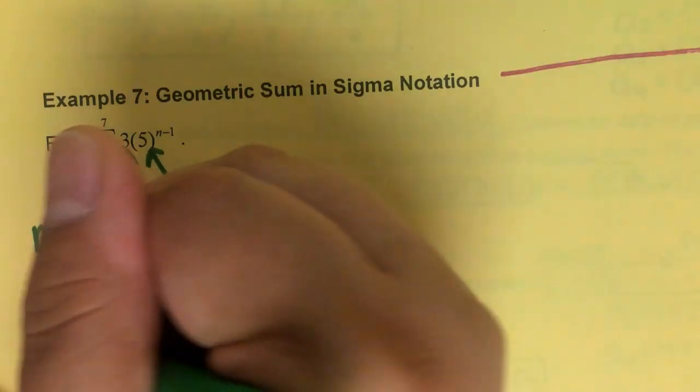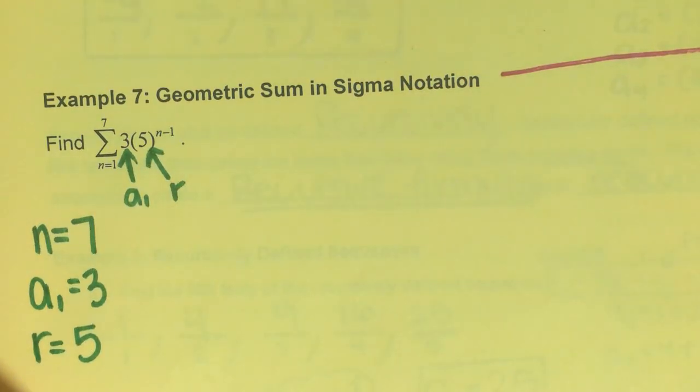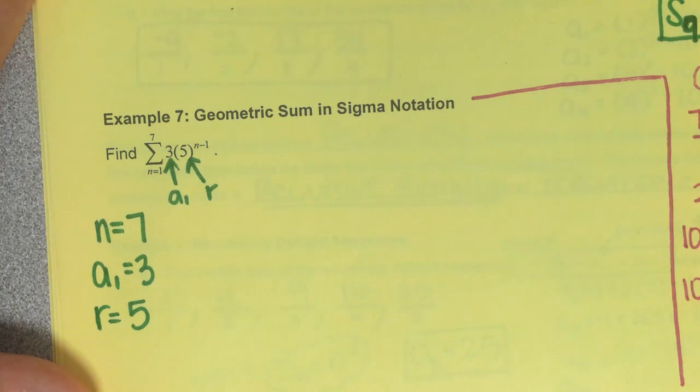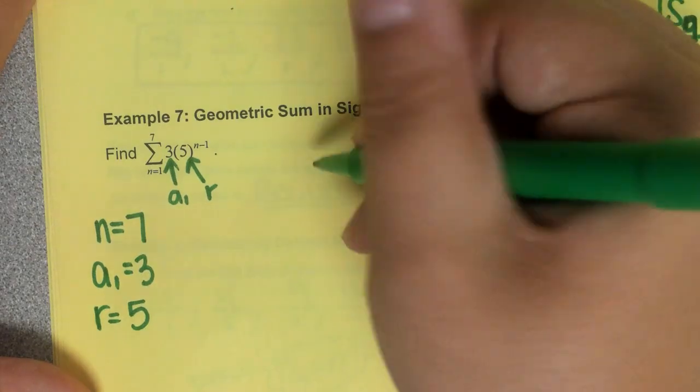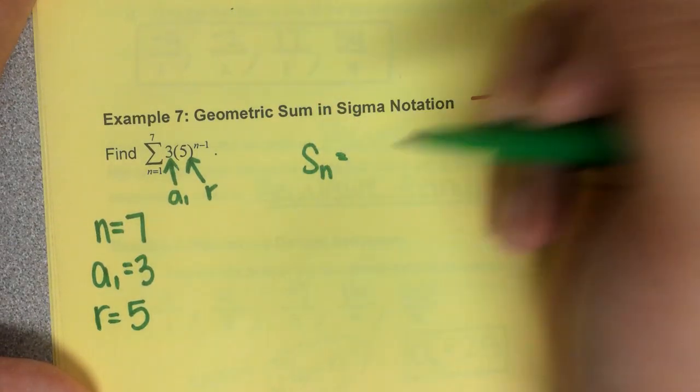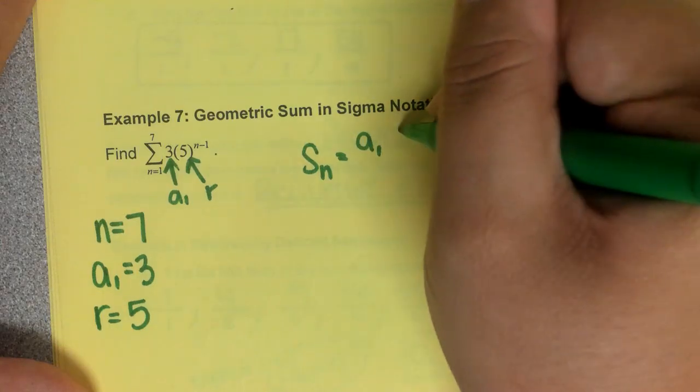That's my R. Do I have everything I need? How do I find the sigma of this? What do I do? The first formula. We know N. I'm going to use my first formula.